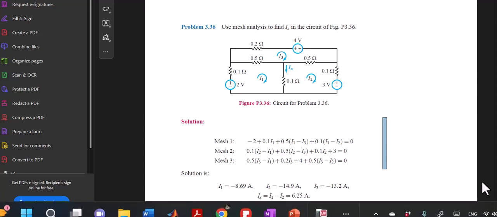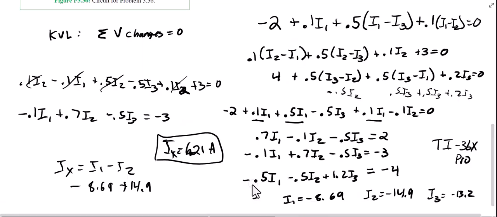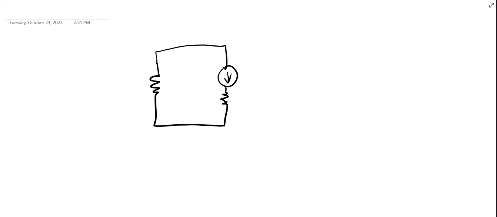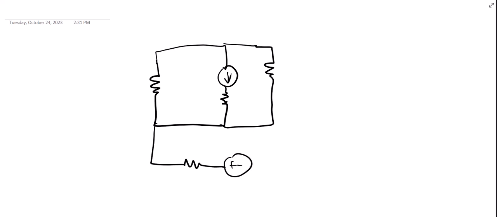All right. Okay, so as promised, I said I would show you how to do a super mesh. So let me do that real quick. So let's say that we had this, of 5 amps.